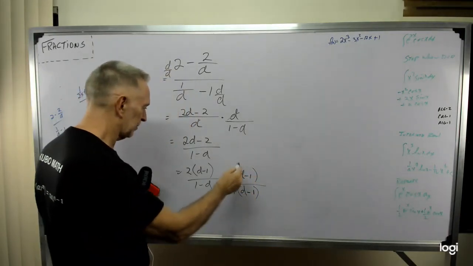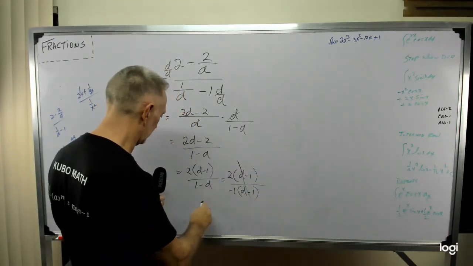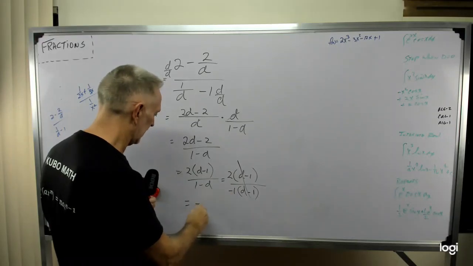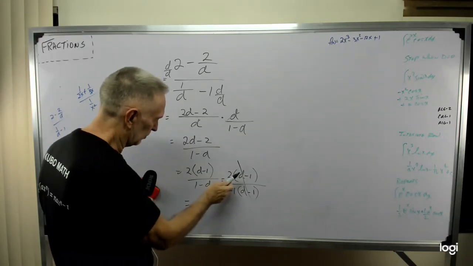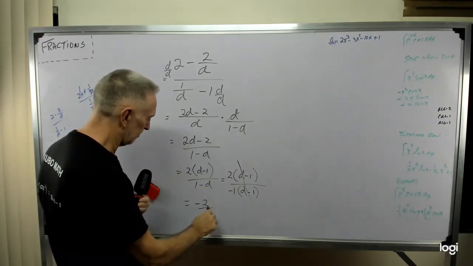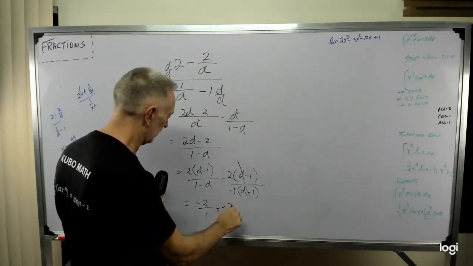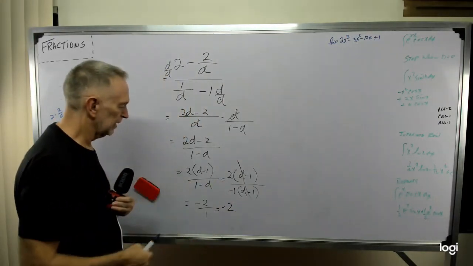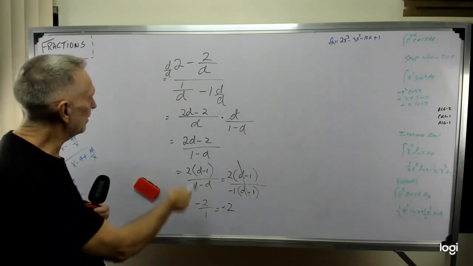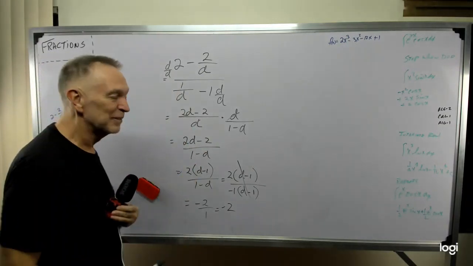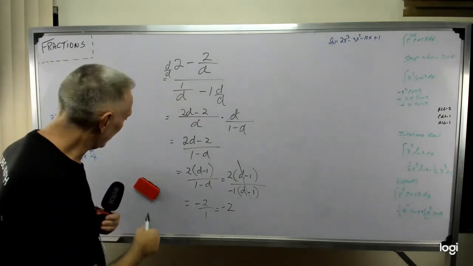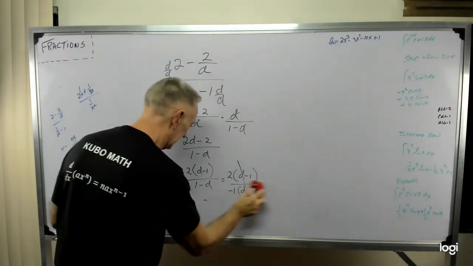I finally was able to do that. Those cancel. And this equals negative, I'll just move the negative to the top. 2 over 1 is negative 2. Wow, they came a long way from that. Well, that's not so bad.